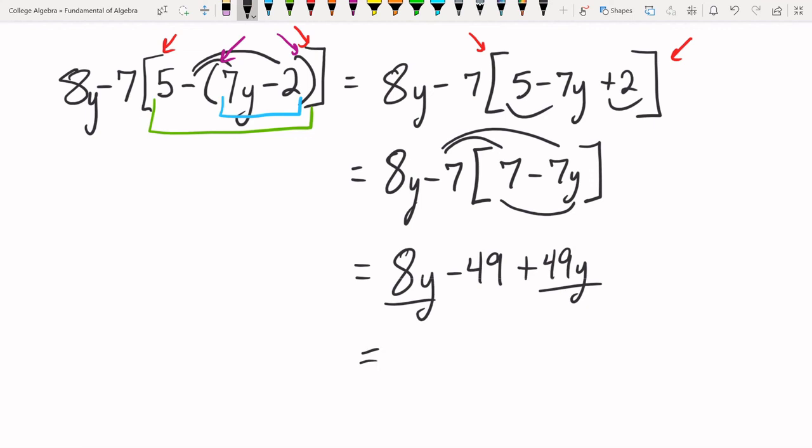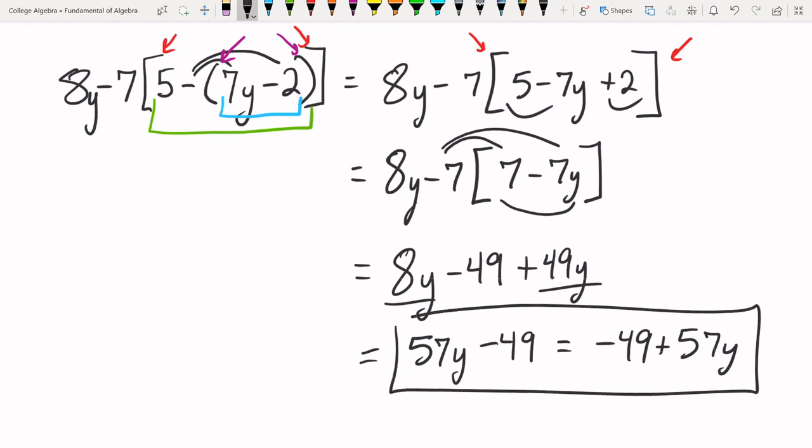I can combine them to give me 57y minus 49. You can also write this as negative 49 plus 57y. Either way, you get the correct answer. And that's how you simplify expressions with and without variables.